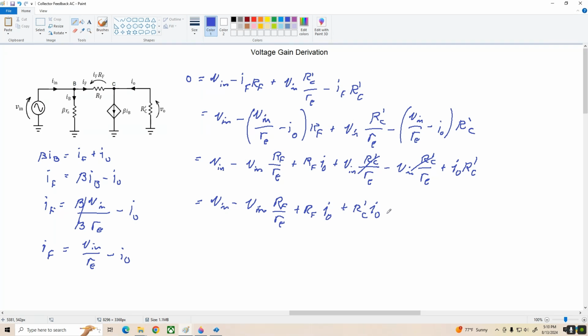All right, now what I think I'll do next is move these terms that contain Vn to the left-hand side.